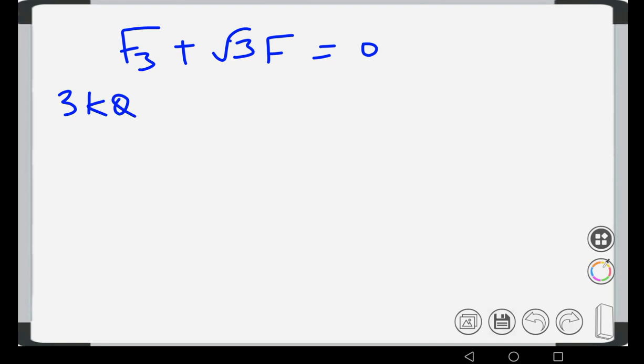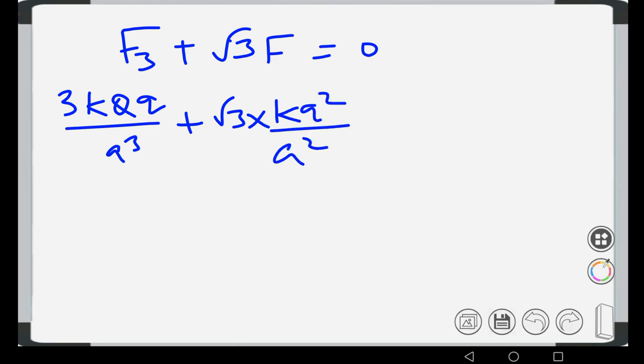So we can write F3 plus root 3 F equals 0. F3 is 3 times k capital Q small q by a square, plus root 3 times F, where F is k q square by a square, equals 0.